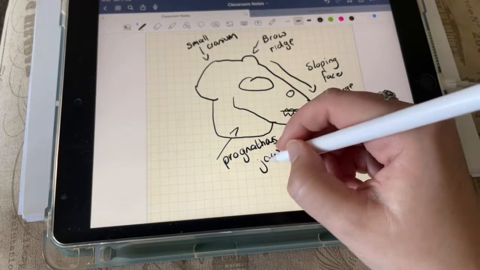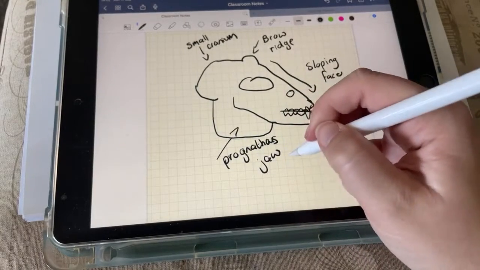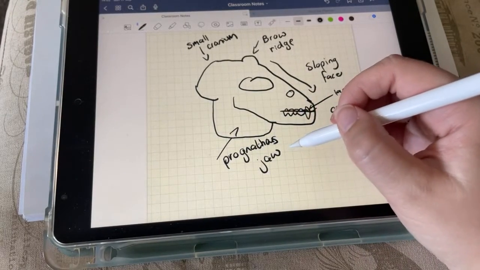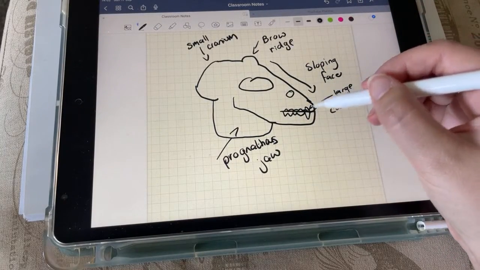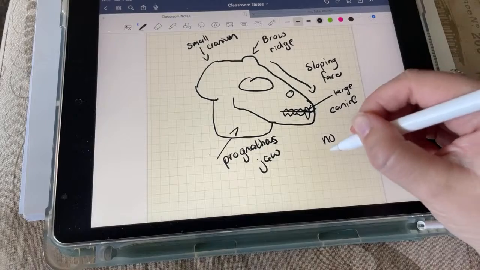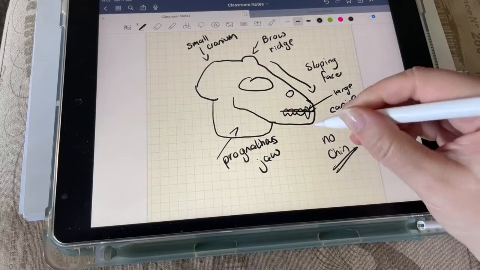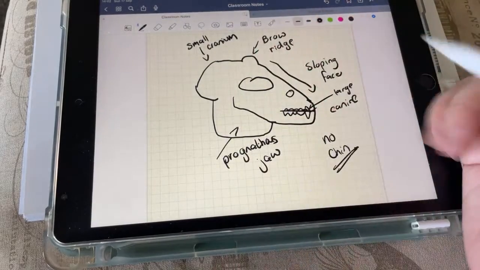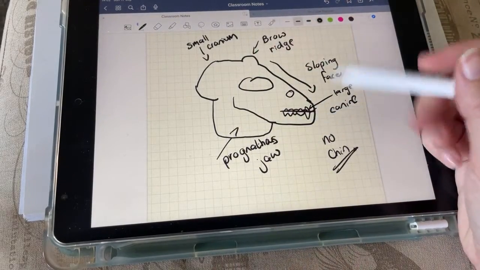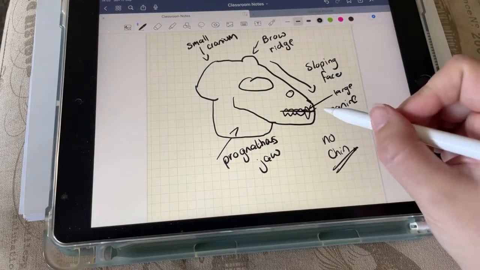Now, what's interesting about the prognathous jaw is it reveals many things. If you have a prognathous jaw, you generally have a sloping face. You generally have no chin. I know you're looking over here and you're like, man, that's a chin. No, it's not a chin. No chin, sloping face, large canines.